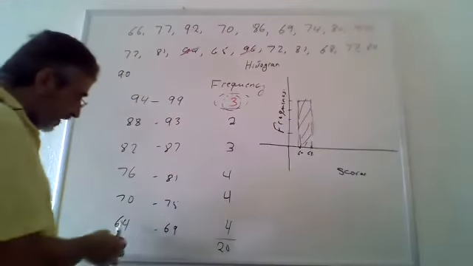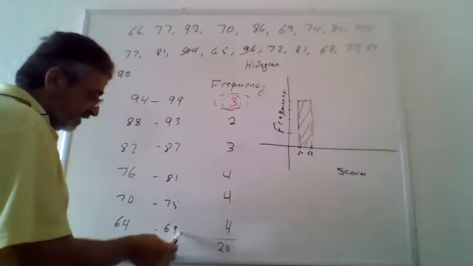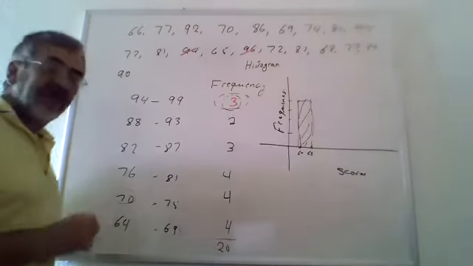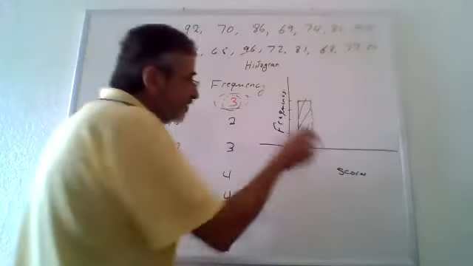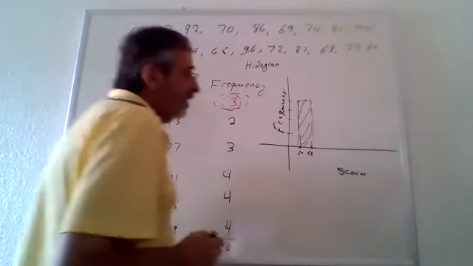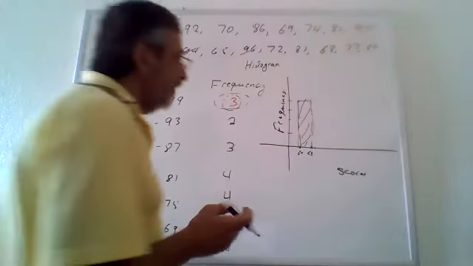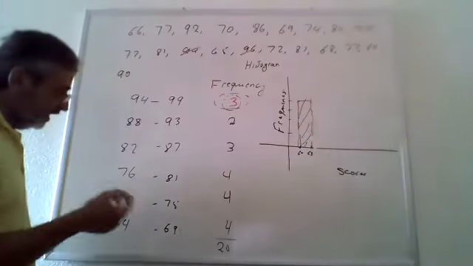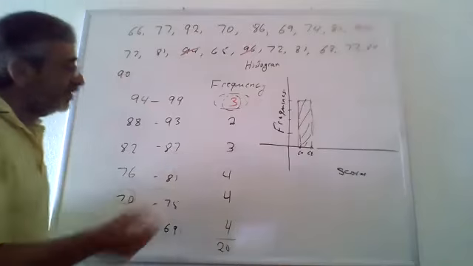However, you notice the first one ends at 69, the second one starts at 70. So according to the histogram, they have to be connected.